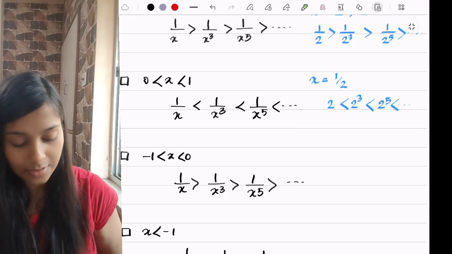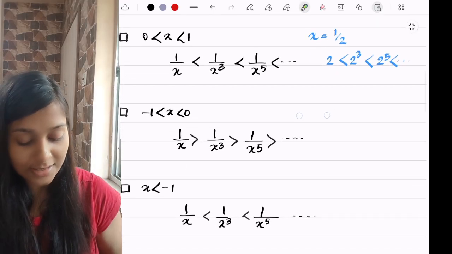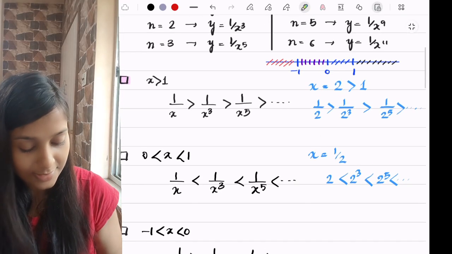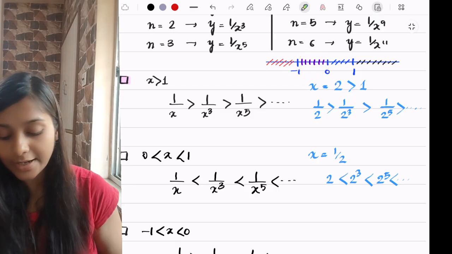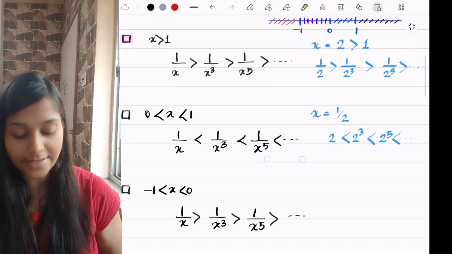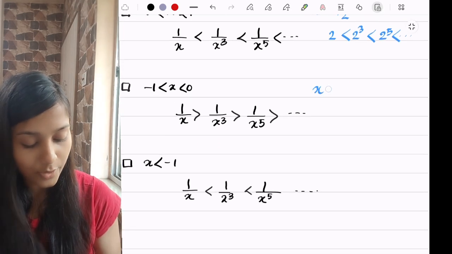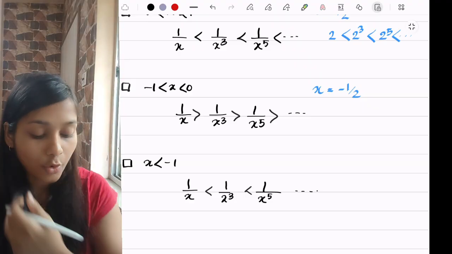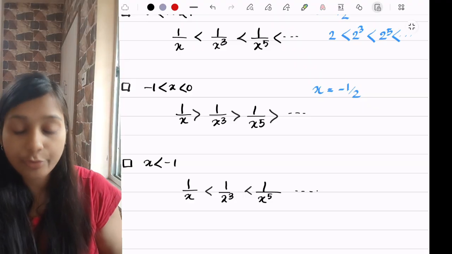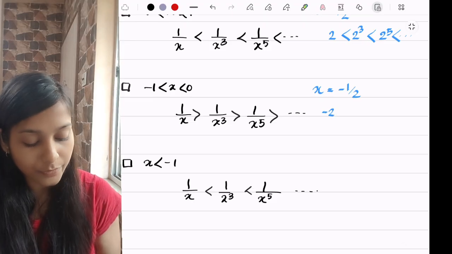Next, let us come to the interval minus 1 to 0. This means this part here, minus 1 to 0. Again, if we check it with an example, suppose x equals minus half. For minus half, if we take the reciprocal, we will get minus 2.